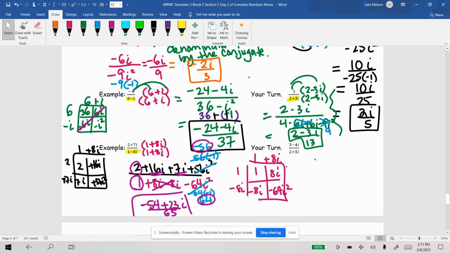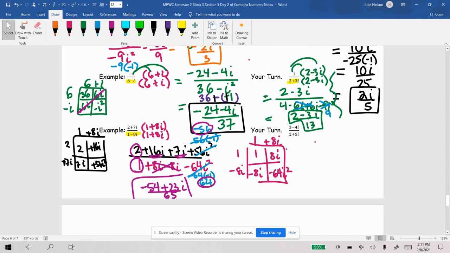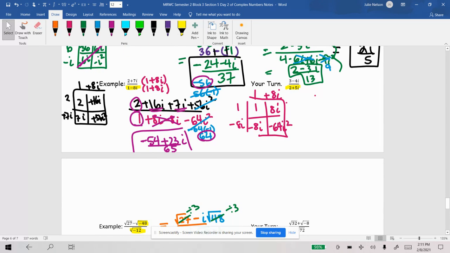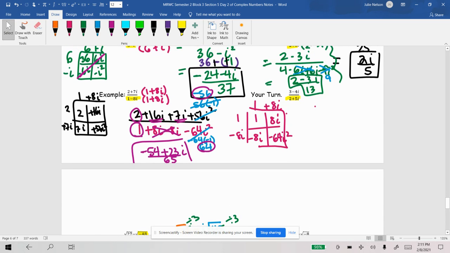If I take a look at 3 minus 4i divided by 2 plus 5i, again, I have an imaginary term in the denominator. I have a complex number. And so anytime I have a complex number, I have to multiply by its conjugate. I'm going to write that problem further down because I've kind of taken up a little bit of room here.